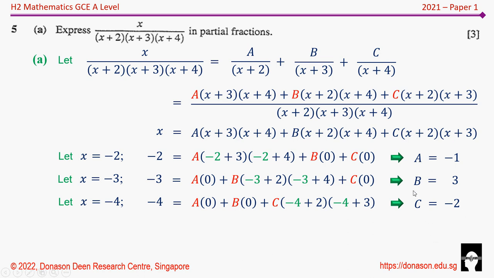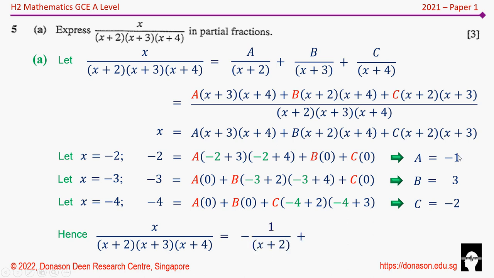Since we have already found the values of a, b and c, we have already successfully expressed it as a partial fraction, by just replacing the a, b and c with these three values of minus 1, 3 and minus 2 respectively. So let us do that. Therefore x over this is equal to the value of a, which is negative 1 over x plus 2, as you can see from here.